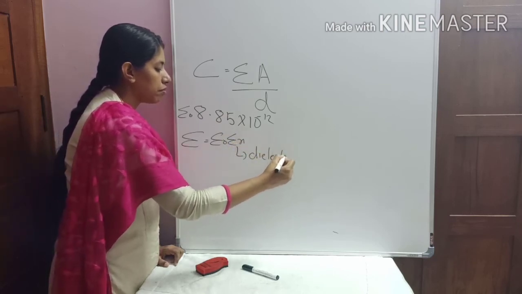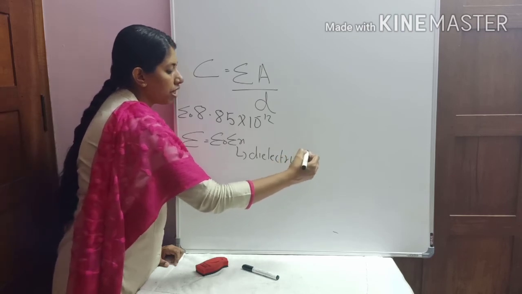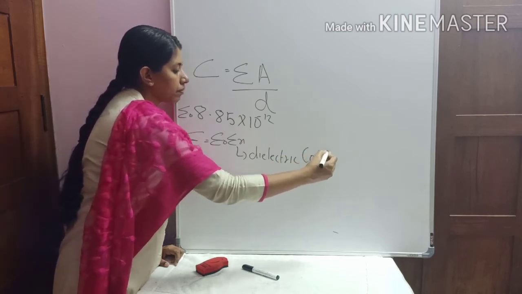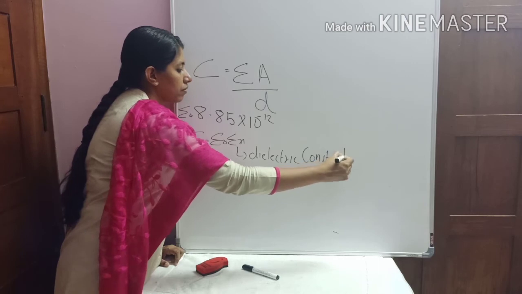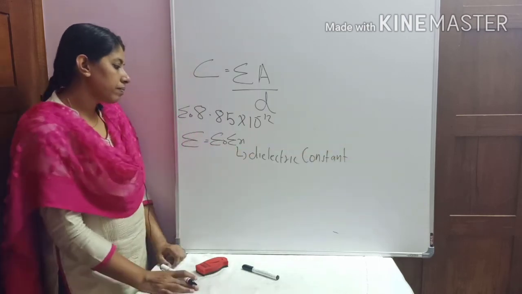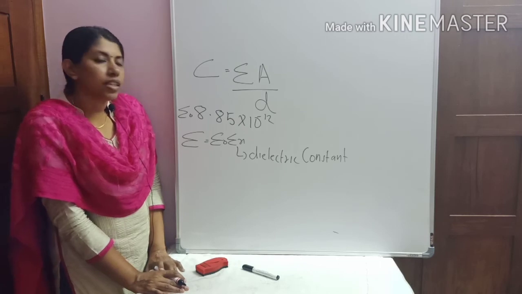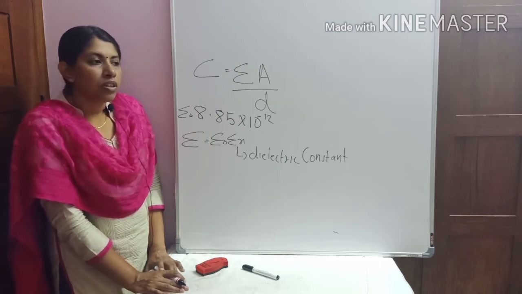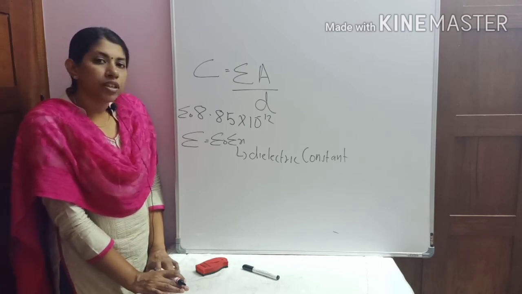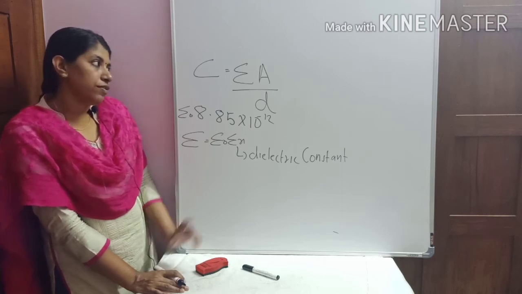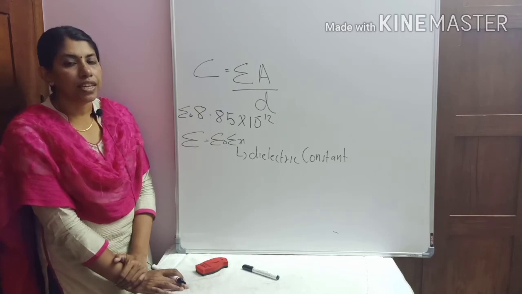It can be represented by K also, kappa. So when epsilon is more, the capacitance will be more. We can produce a capacitance with a higher value and a smaller size if the permittivity is very high.